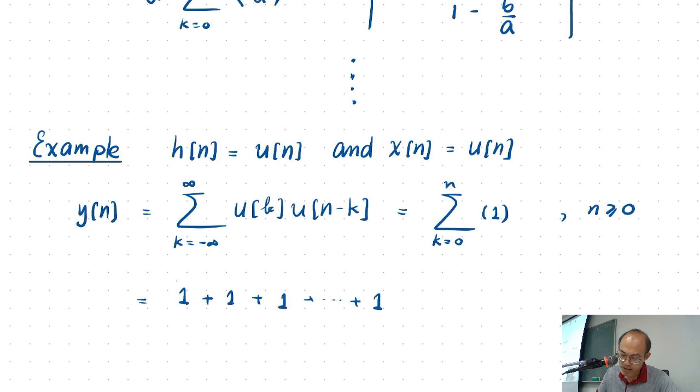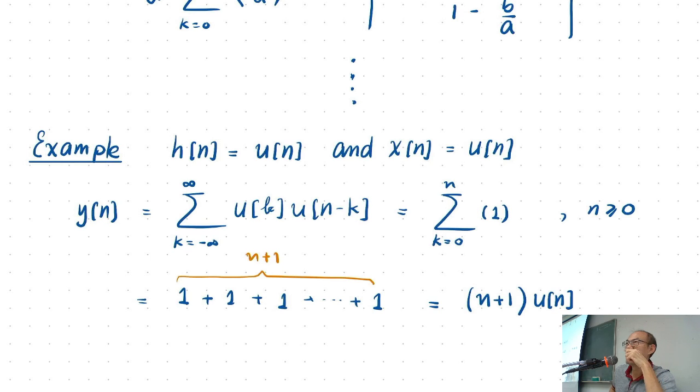Okay, so there are n plus 1 terms. And you know that if you add them up n plus 1 times, you're going to get n plus 1. And then don't forget u[n]. Okay, so this is when u is convolved with u.